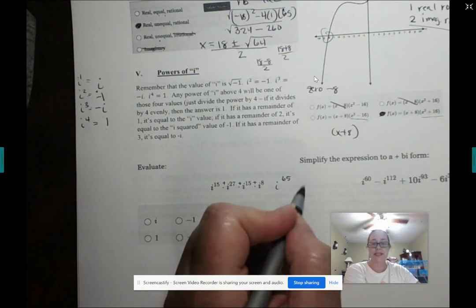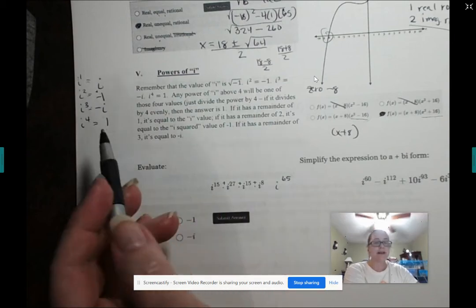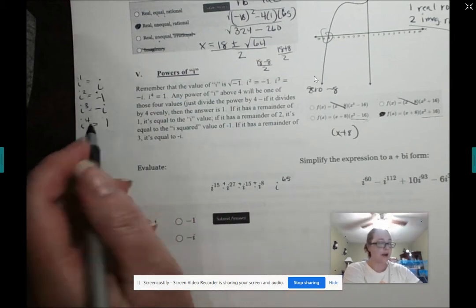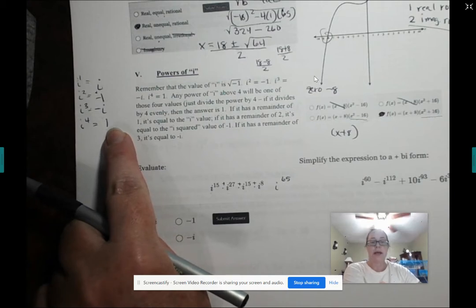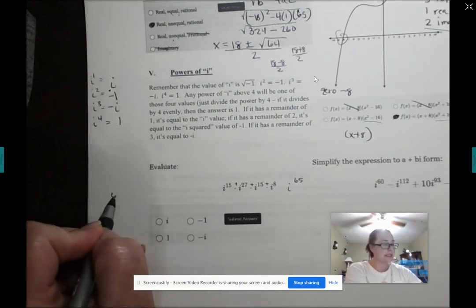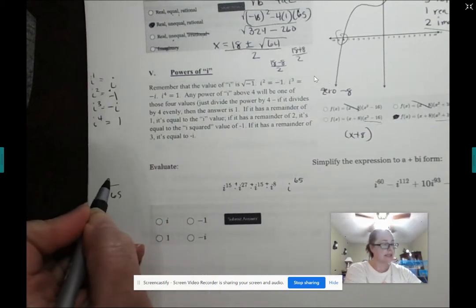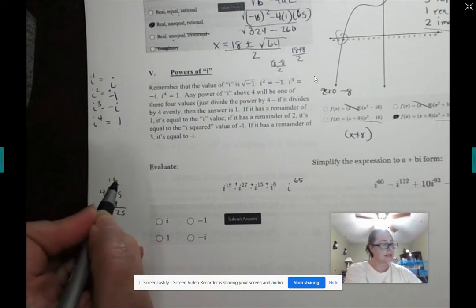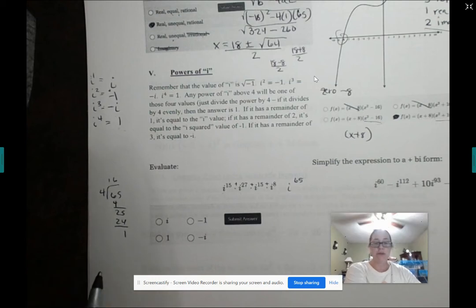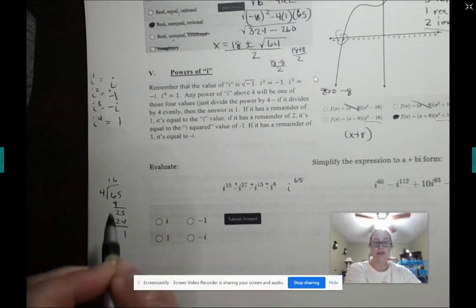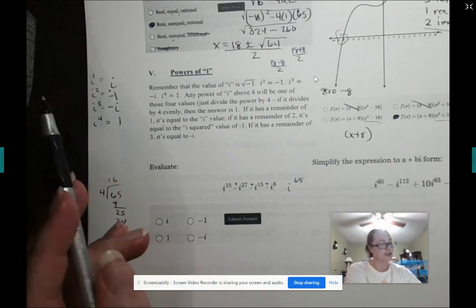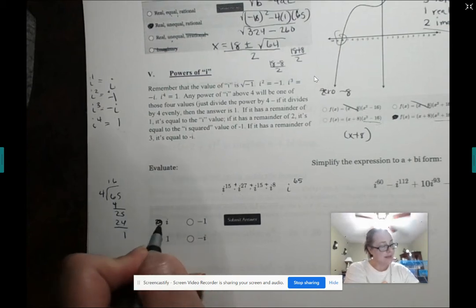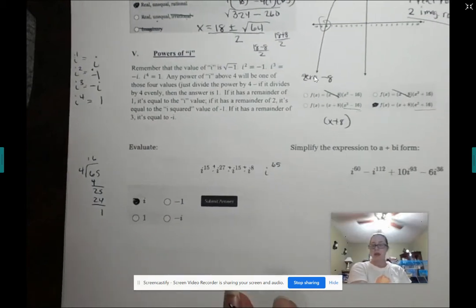So all I'm really doing is simplifying this. Now, 65 does not divide by 4, so I know it's not going to be 1. But what I can do is divide 65 by 4 and see how much is left over. And if I do that, I end up with a remainder of 1. So that tells me that my answer is just i. And that's what I'm going to choose.